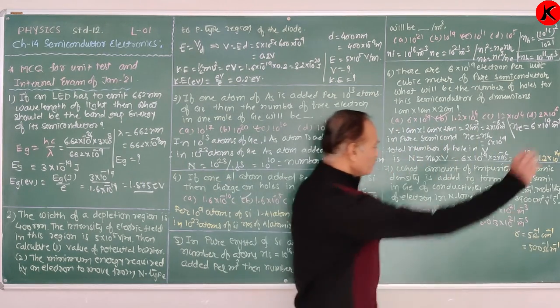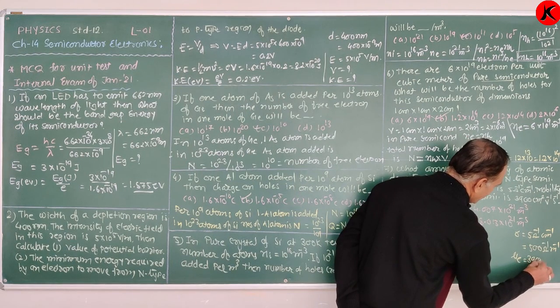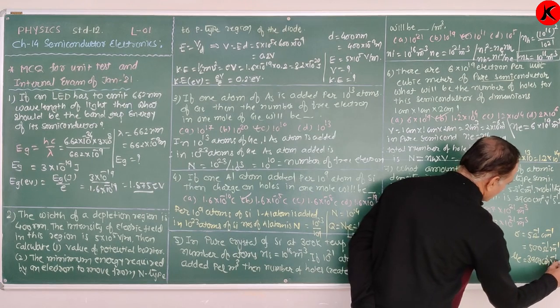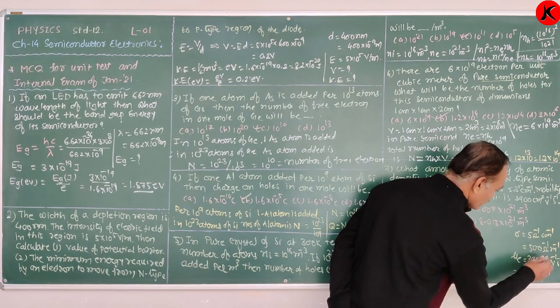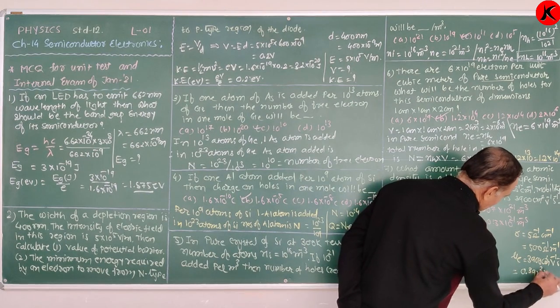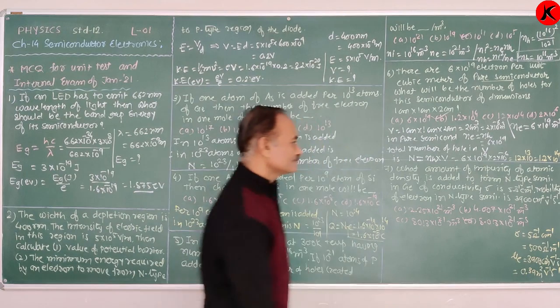Mobility of electron mu E is given as 3900 centimeter square per volt per second. Convert into meter square, therefore 0.39 meter square per volt per second.